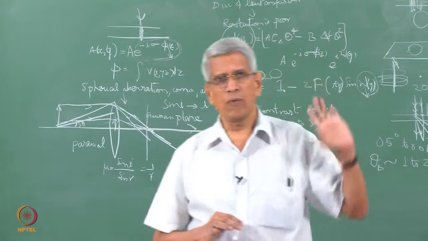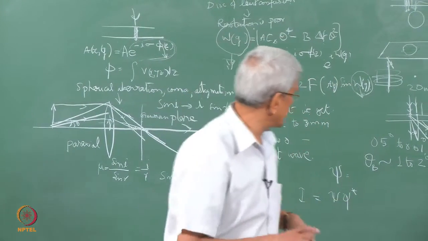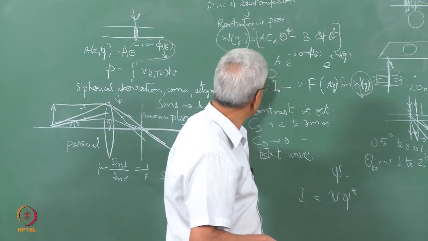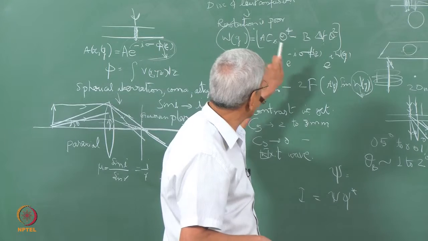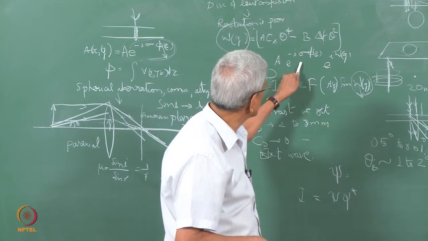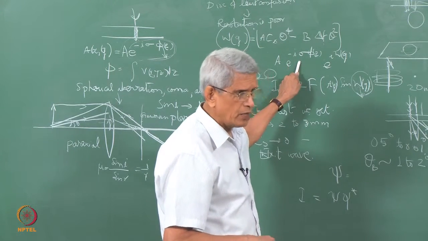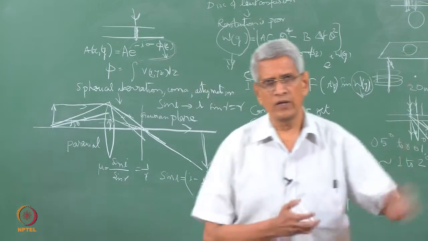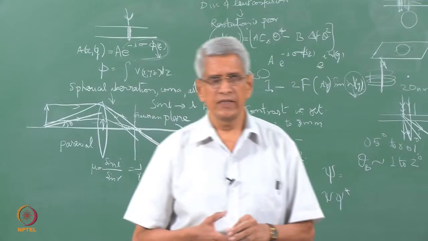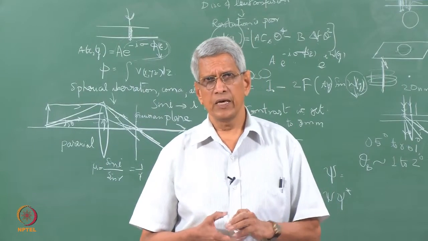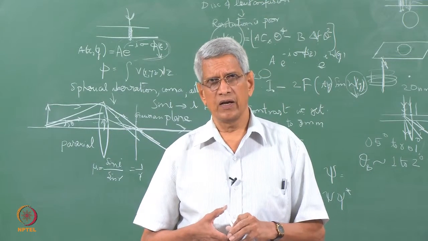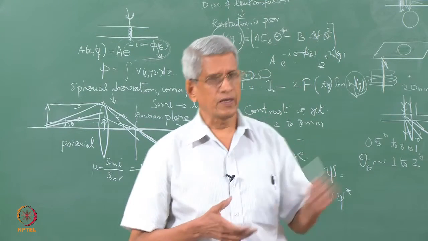So, what we have done in a high resolution microscope is that this phase information we have tried to convert into a contrast. If we can quantify the contrast, then we can get some information about the phase of the exit wave.